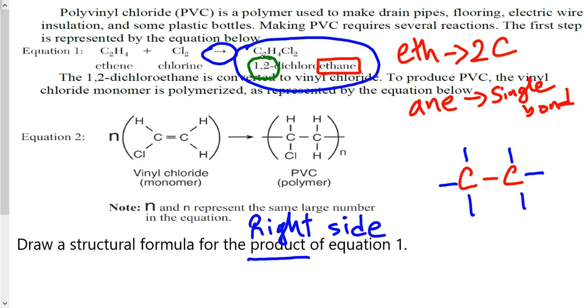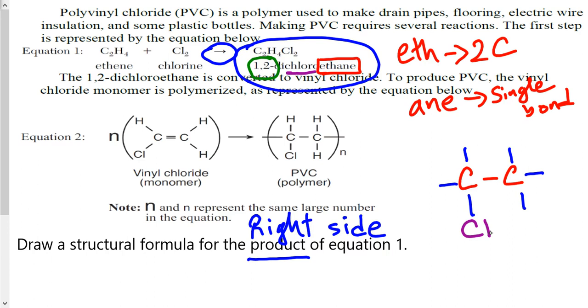In my first and second carbon, I have something called chloro, and chloro sounds like chlorine. That means in my first carbon I have a chlorine, and in my second carbon I have another chlorine. You can draw it anywhere you want at this point.